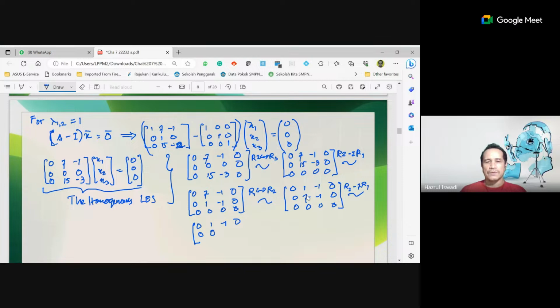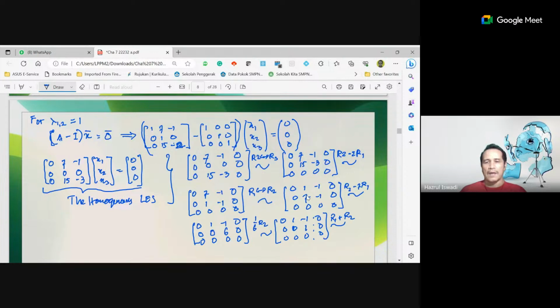Okay, still continue. We divide row 2 by 6, that is 1 over 6 times row 2. We have that 0 1 minus 1 0, 0 0 1 0, 0 0 0 0. And the last step is we want to make minus 1 become 0, so we add row 1 by row 2.